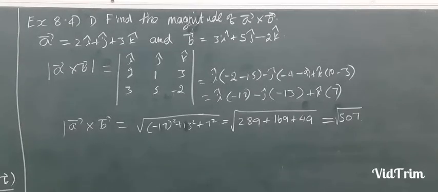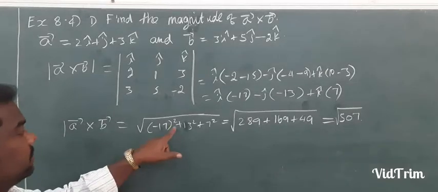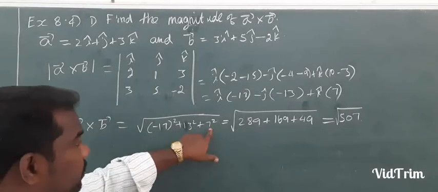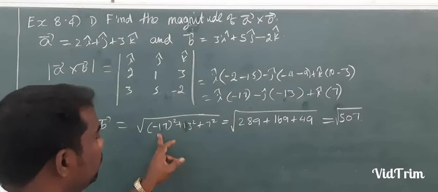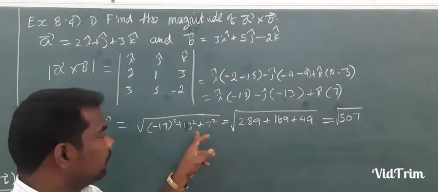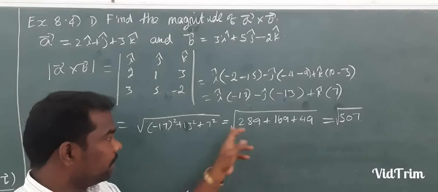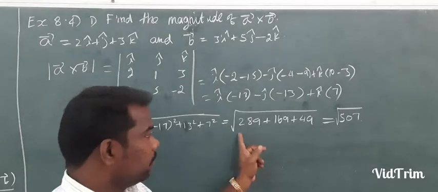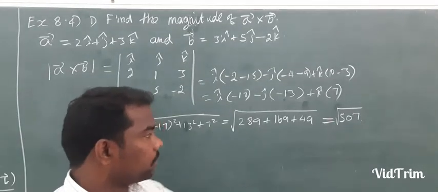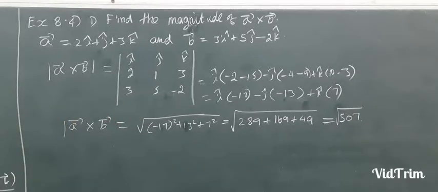That is the square root of minus 17 squared plus 13 squared plus 7 squared. Minus into minus is plus here. 17 into 17 is 289, 13 into 13 is 169, 7 into 7 is 49. Adding these values, you get the square root of 507. We cannot simplify the square root of 507 further. That's the answer for the first question.